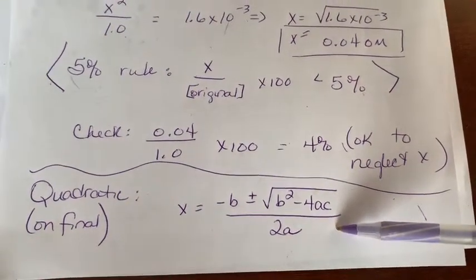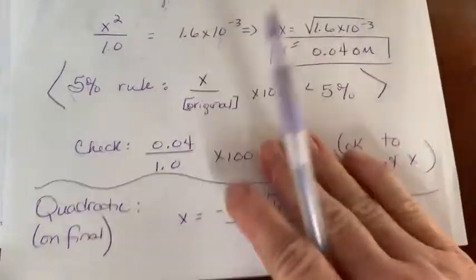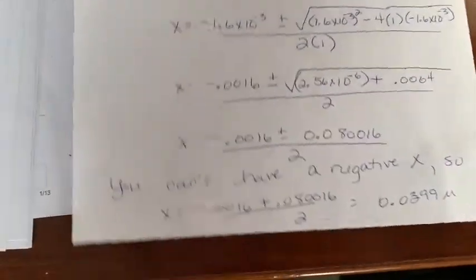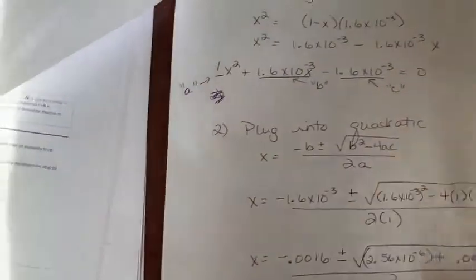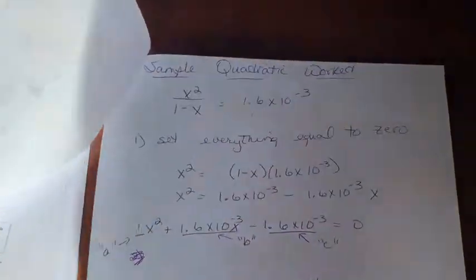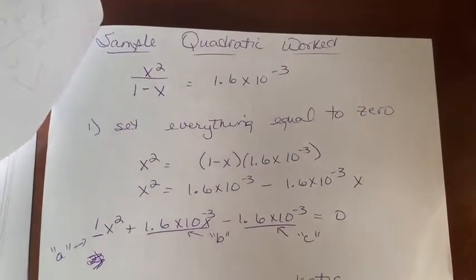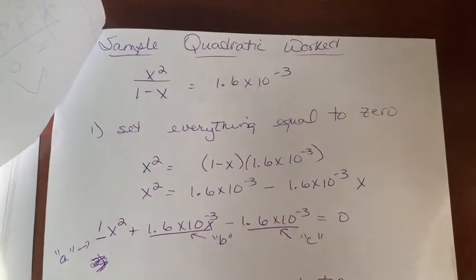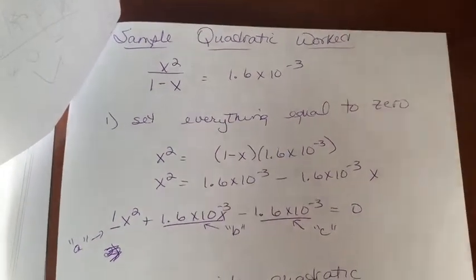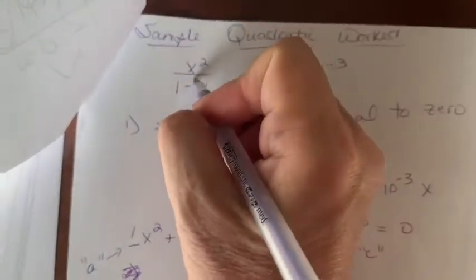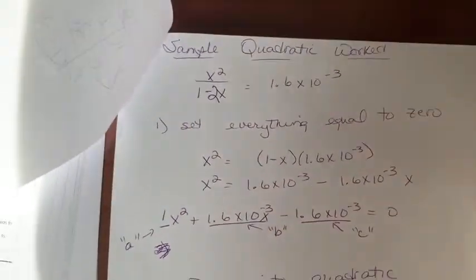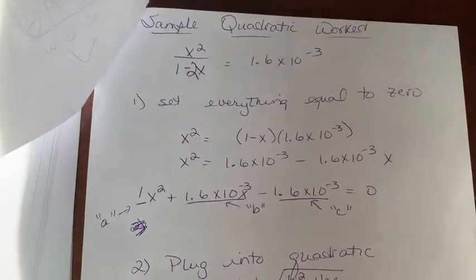Again, you won't need it on my test. Well, I worked a sample quadratic out here. I'm not going to drag you through it, but it is here if you want to refer to it later. No, I'm not going to show you that because I made this 2x mistake, so scratch that.